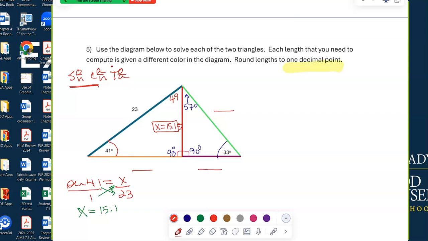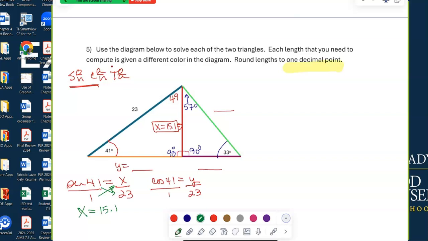If I'm going to try to get that orange side, it's going to be cosine. The cosine of 41 equals, let's make this a y, it equals y over the 23. Same thing's going to happen.